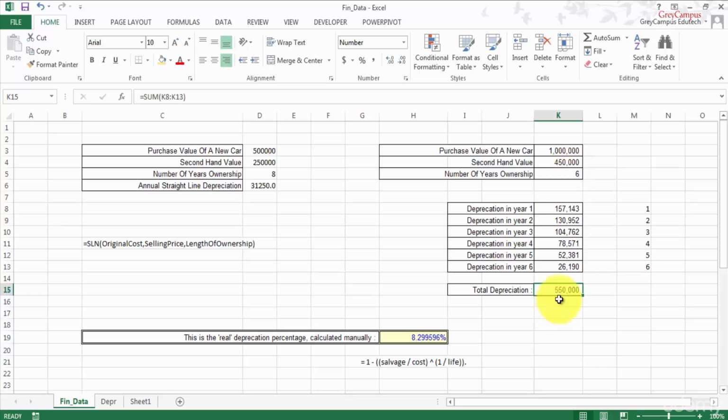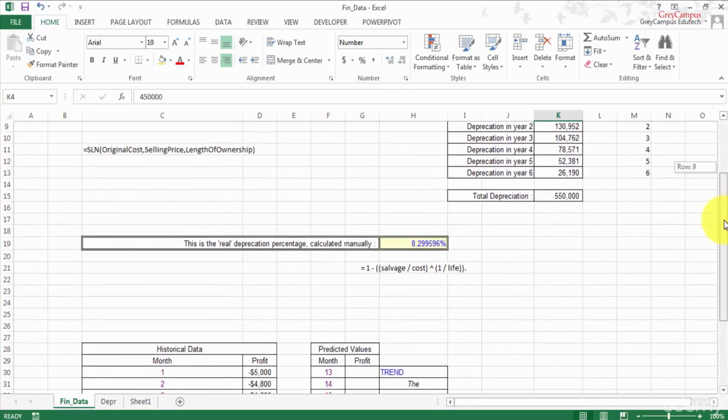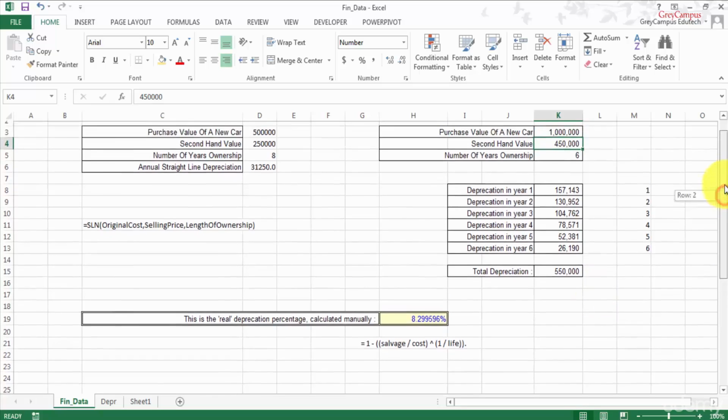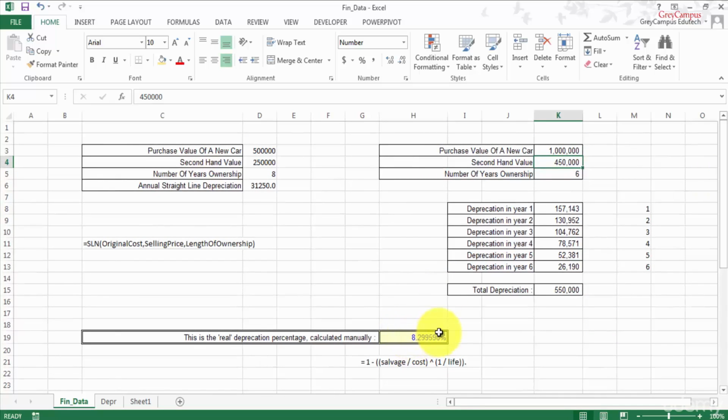This means that after 6 years, the total depreciation of this car, which cost 10 lakh, was 5,50,000, and the second-hand value will definitely be 4,50,000. So this depreciation and the straight line depreciation are two different ways of seeing the data. This is how we calculate it, and we can have the depreciation value like this.